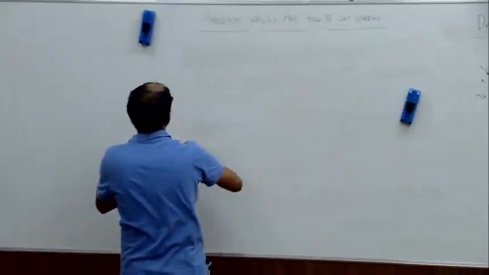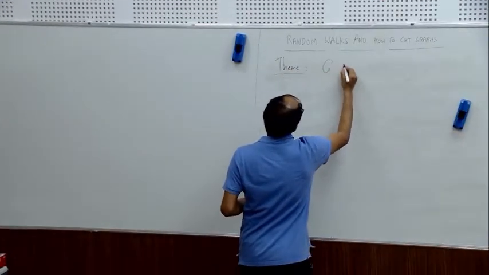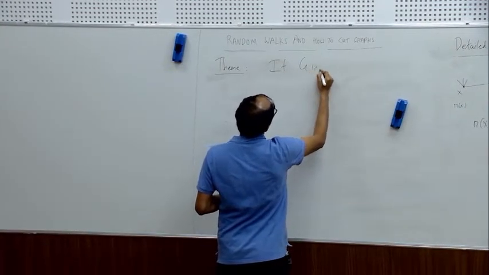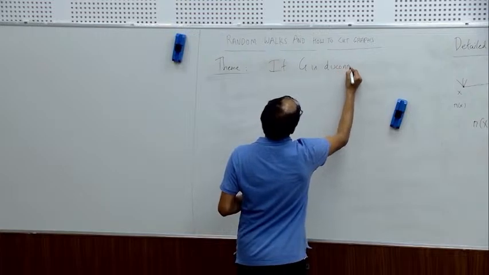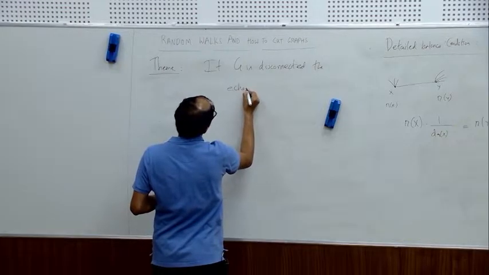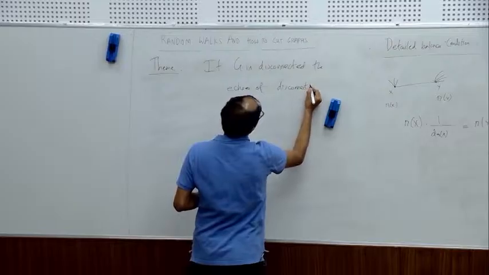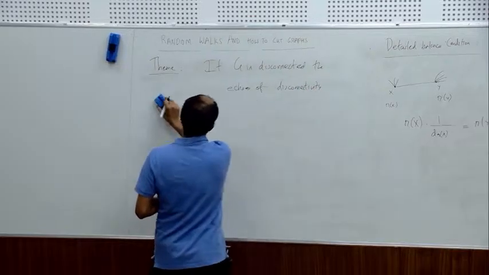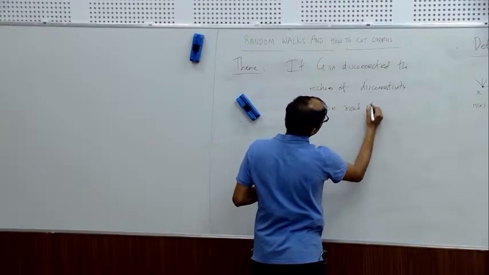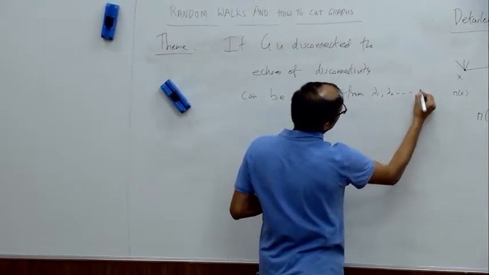So, okay. The theme is that if G is disconnected, the echoes of disconnectivity can be found hiding in the spectrum, or can be read off from the eigenvalues lambda 1, lambda 2, all the way up to lambda n.